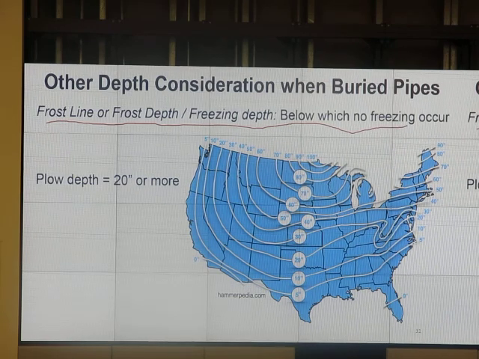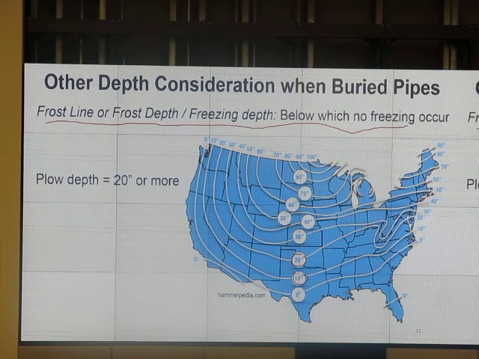So in Lubbock is maybe 20 inch, between 20 and 10 inch. If your pipe is below 20 inches, you have no freezing. No need for temperature calculation. Okay. So if you are over here, Michigan, maybe it's 50 something, 50 inch. That's the depth, right?